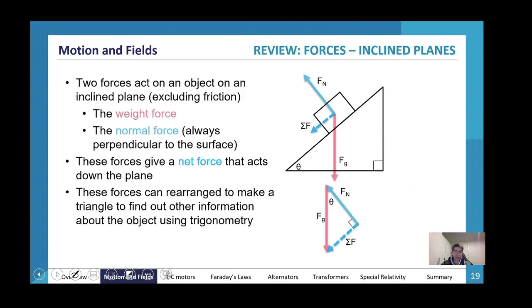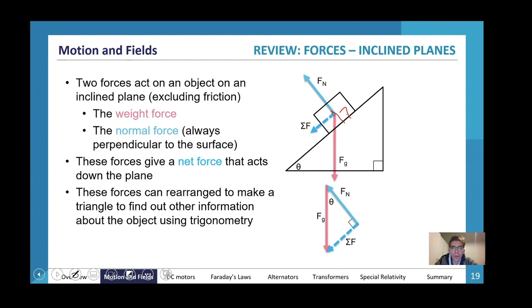Now back to inclined planes. Vika will always ask you how to draw forces on an inclined plane. When Vika asks that question, what they are specifically looking for is you drawing the normal force perpendicular to the plane on which the object is standing, to that surface.